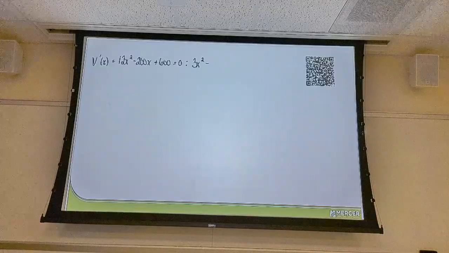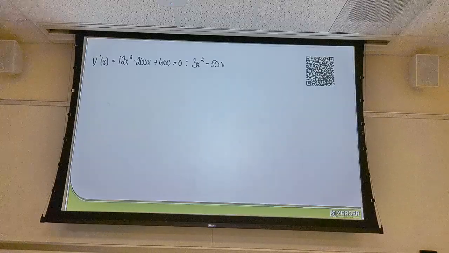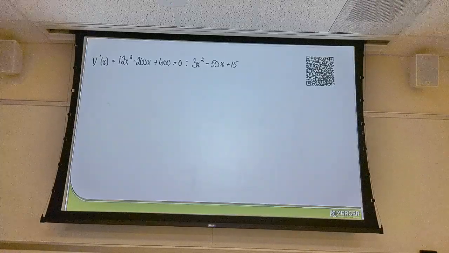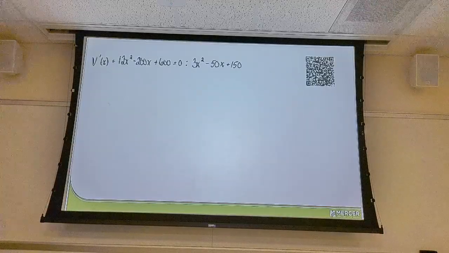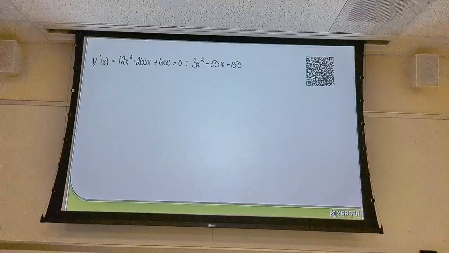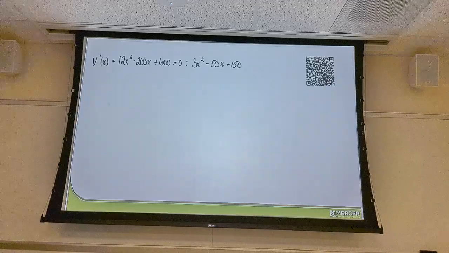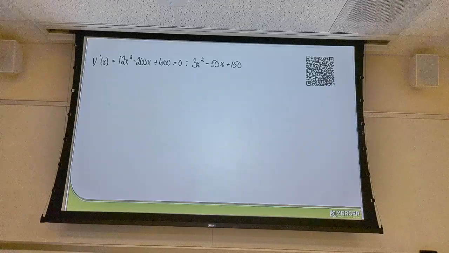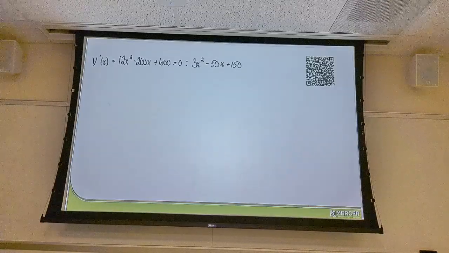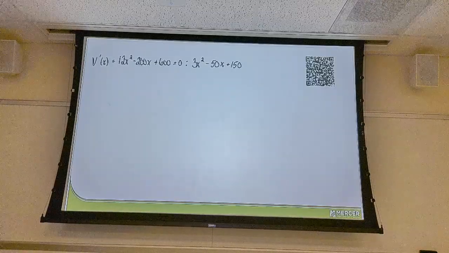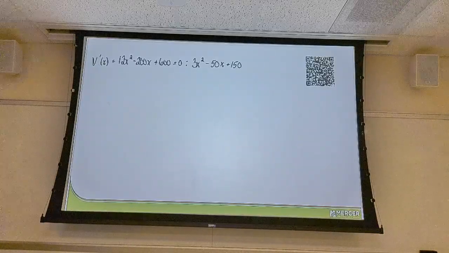So 200 divided by 4 would be 50, right? And that is 150. Almost like there's a common factor, but there isn't. That 50 doesn't have 3 in common. Oh, that can't be factored either.